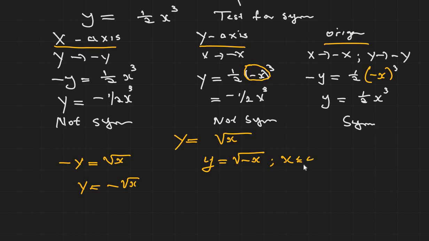So we must just see what our domain is. Okay, so if x is less than or equal to 0, this will still be defined. Here we will have x is greater than or equal to 0, of course. So it's going to depend on the domain. But this function will exist if x is less than 0. But remember now, this is not going to be symmetrical because we do not get the original back. And this is also not going to be symmetrical because we do not get this original back.